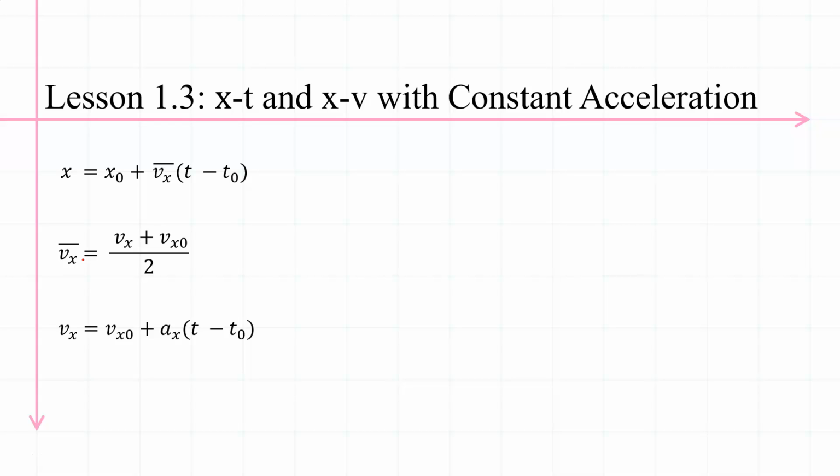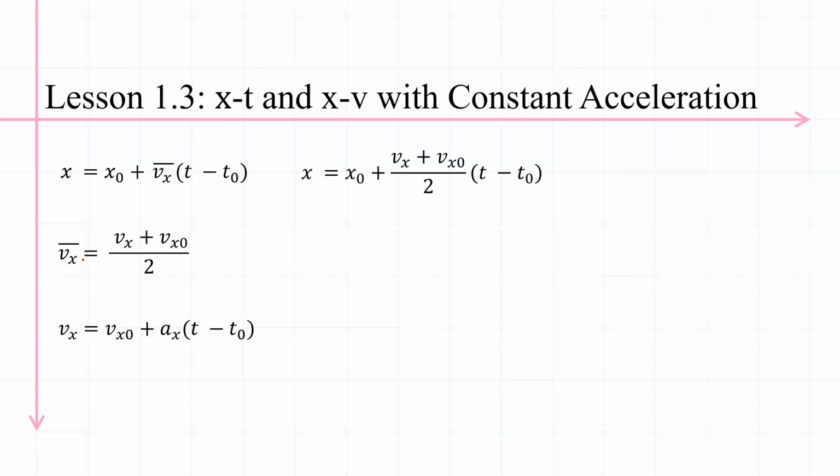Well, let's see. If I begin by combining the first two equations, see I have my expression written out for average velocity equals Vx plus Vxo divided by 2. I could just go ahead and plug that directly in for Vx in the first expression. So watch, here I'm going to combine those two expressions with each other. And now I have a new expression that no longer has average velocity in it.